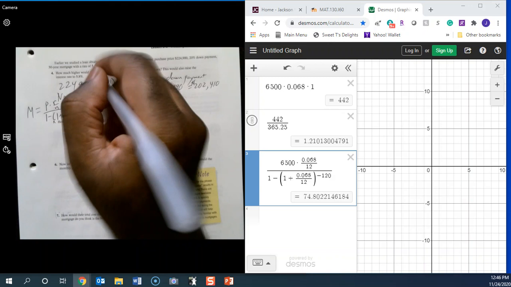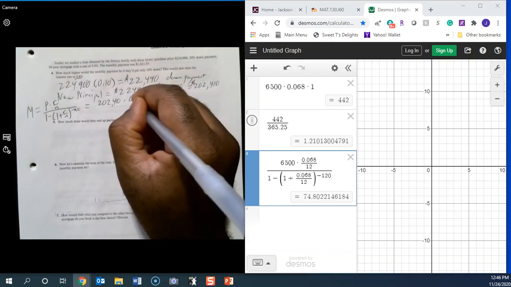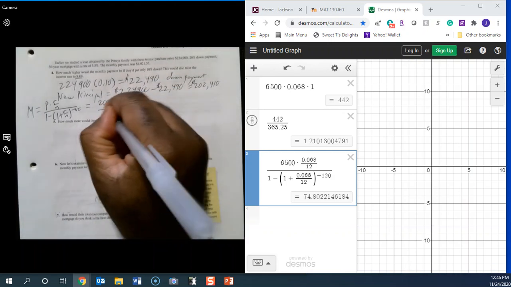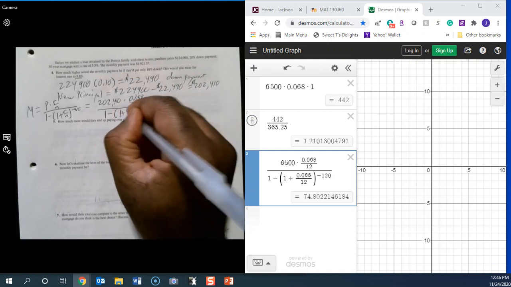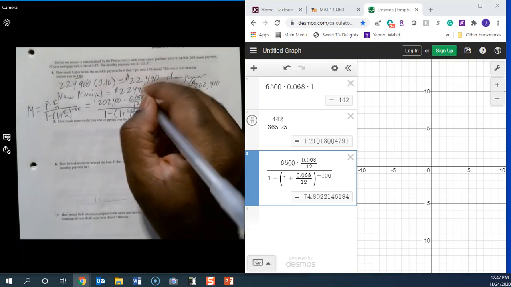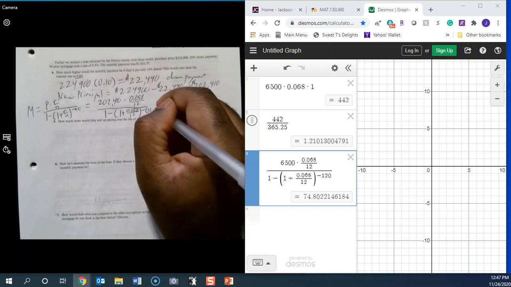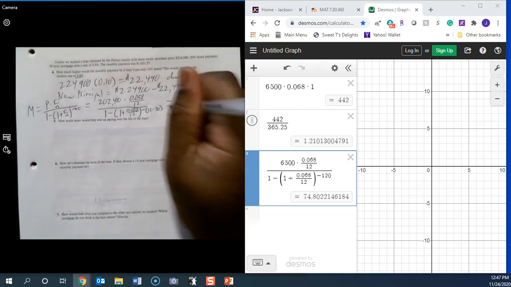Our rate, we're told that our interest rate now is 5.8%, so it'd be 0.058 all over 12, because it still will be monthly payments, all over 1 minus 1 plus, the rate is 0.058, still over 12, to the negative, and we're told here that this is still going to be a 30-year loan. So N would still be 12, and T would be 30. So we know that that'll end up being a negative 360.